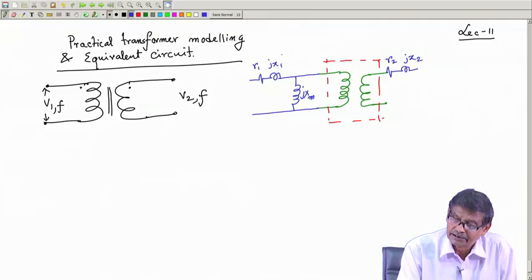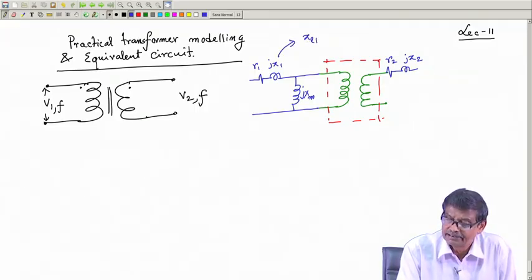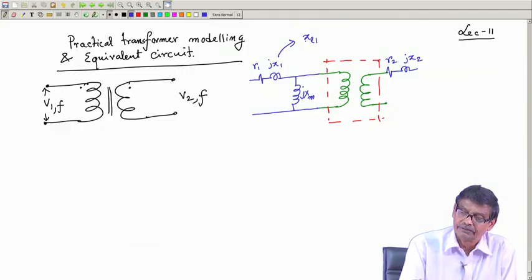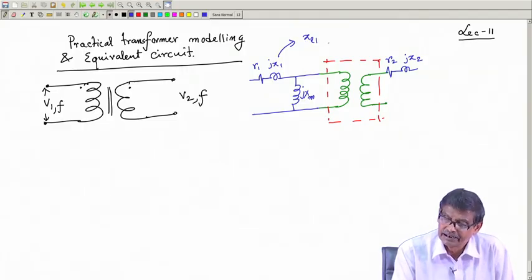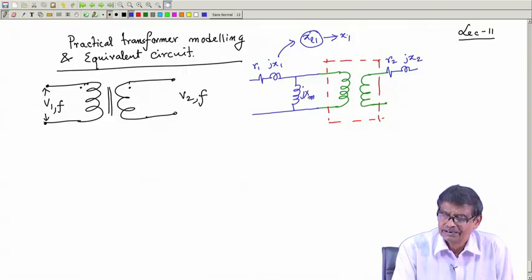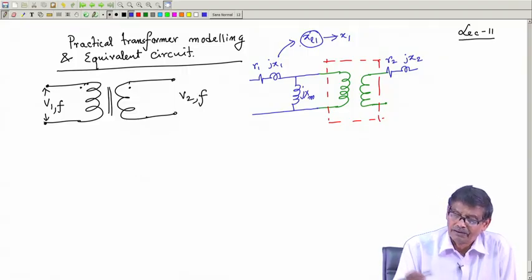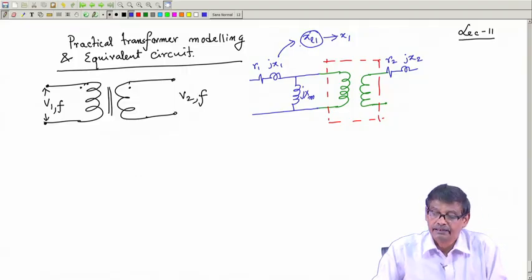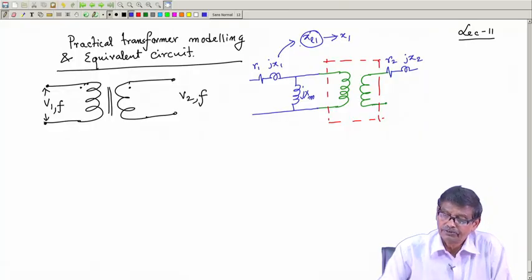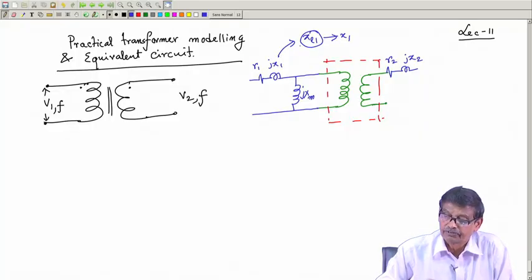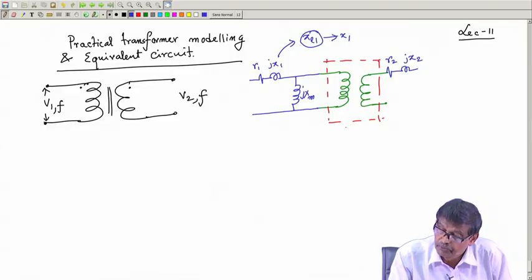To simplify matters, I am replacing XL1, the leakage reactance, and will simply write it as X1, instead of always writing L. X1 and X2 are in small letters because their values are small, since leakage flux is small, and this portion is the ideal transformer.